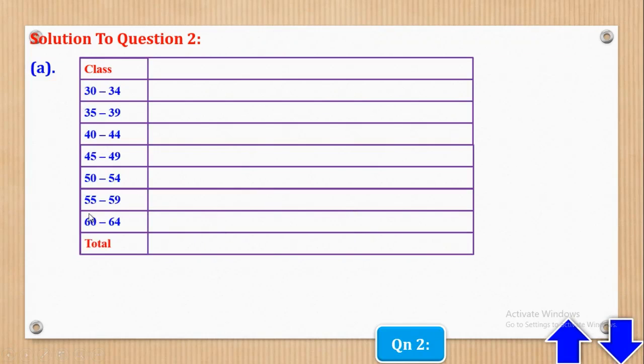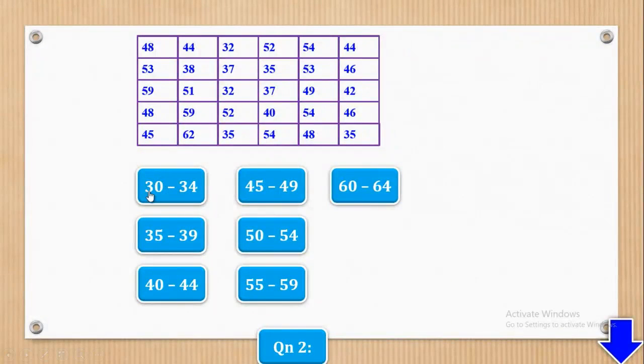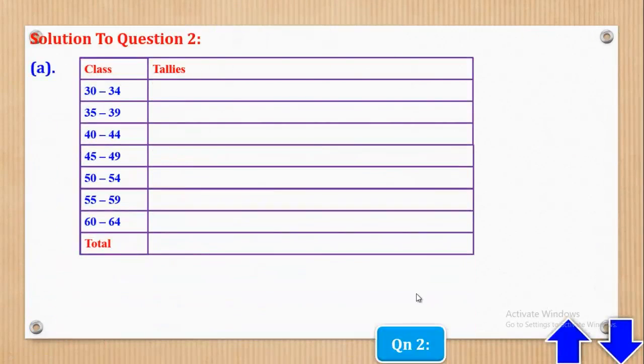Now that we have generated our column for class, we shall now go to the column of tallies. So tallies, we have to look for the number of people which lie within the given range. So from 30 to 34, I'll highlight them, and they are 2 only, so it will be 1, 2, meaning that for that class we shall give tallies corresponding to 2.